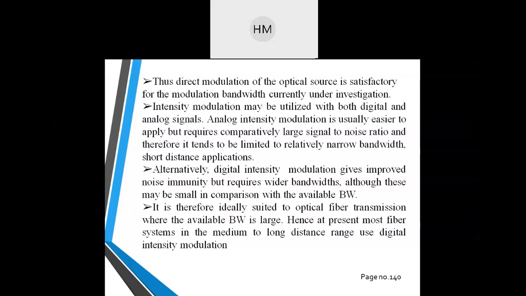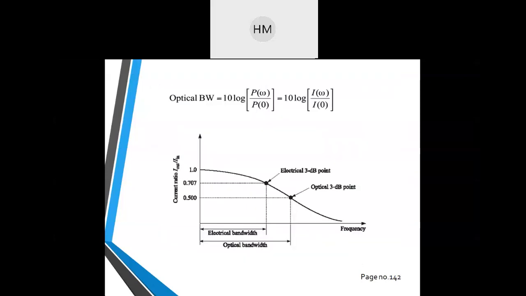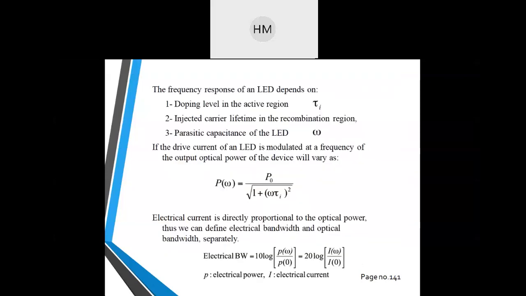Most fiber systems in long distance communication use digital intensity modulation. Always keep this in mind, because in analog intensity modulation the noise improves a lot. So these are the output optical power equations which you can write down.